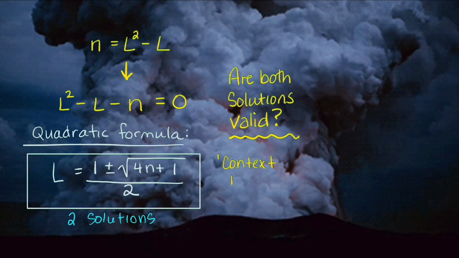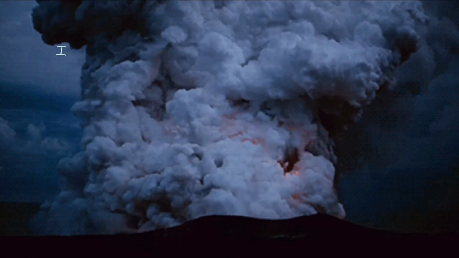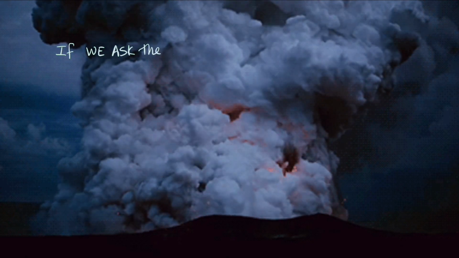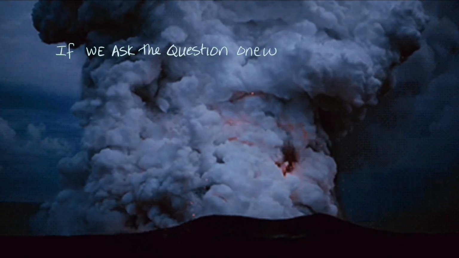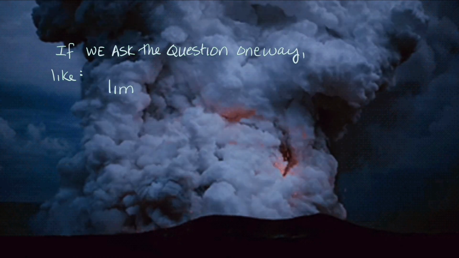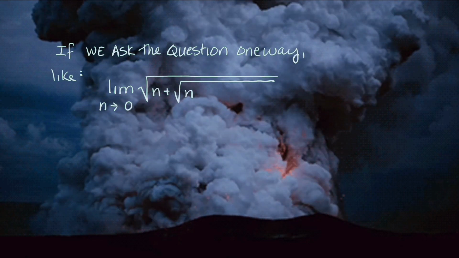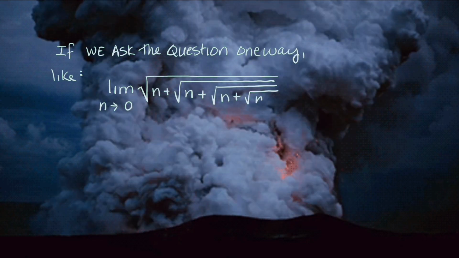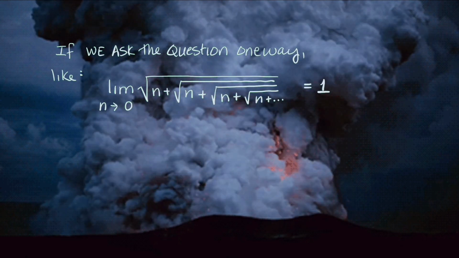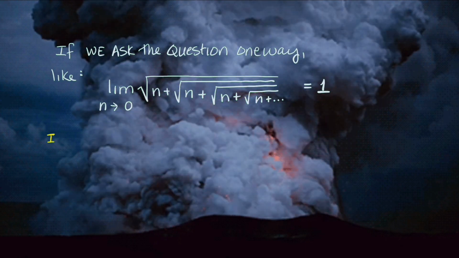For square roots, we then ask the question, are both solutions valid? Or is one solution extraneous? And it really boils down to how you ask the question. If we take the limit as n approaches 0 of the existing infinite series of continued nested radicals, we get the value of 1.